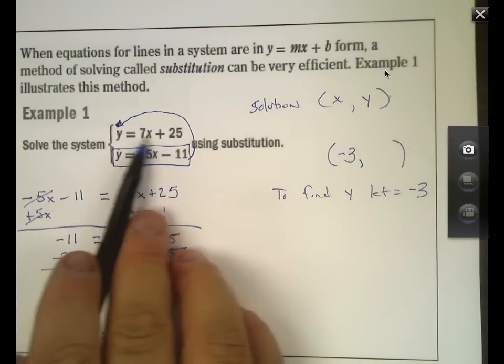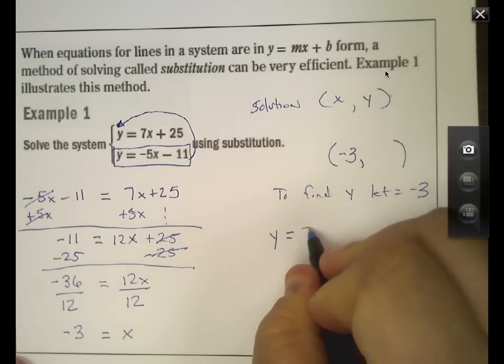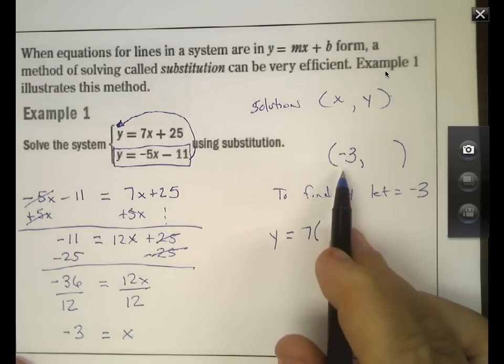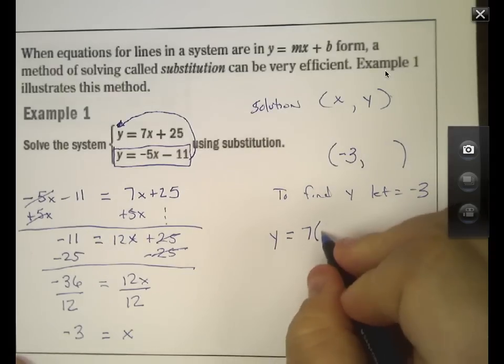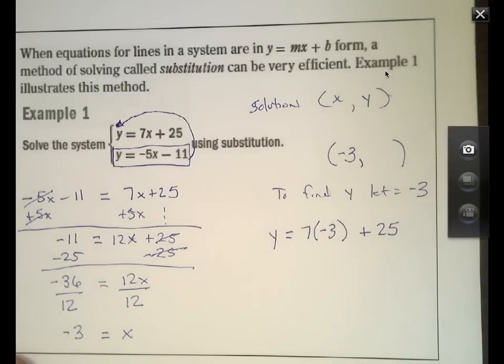So I'm just going to use the first equation right here. Y equals 7 times, what's x? X is now negative 3, plus 25. So now that I know x, I'm going to be able to find my y.